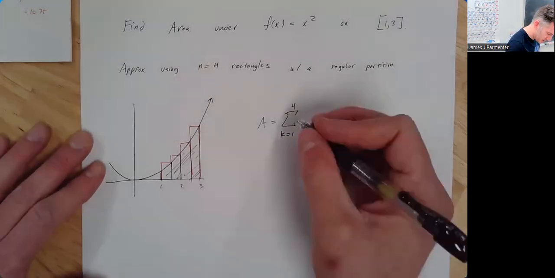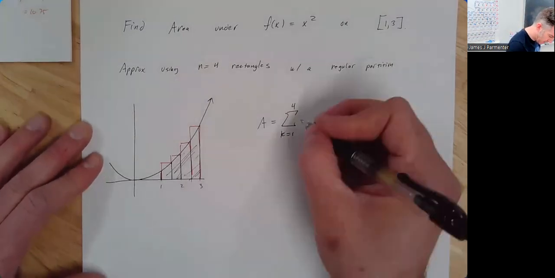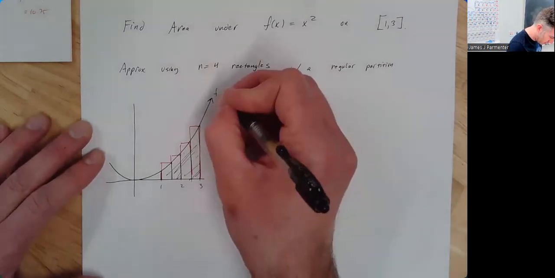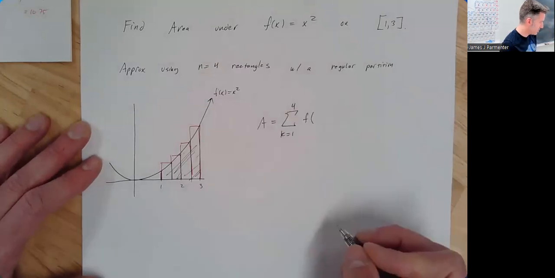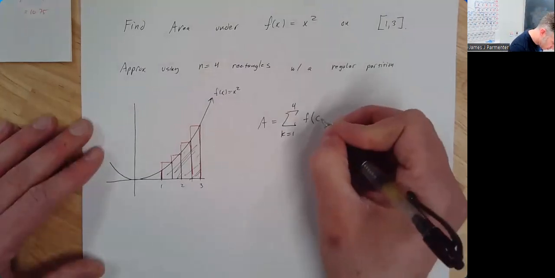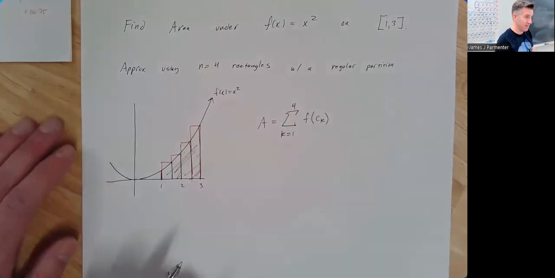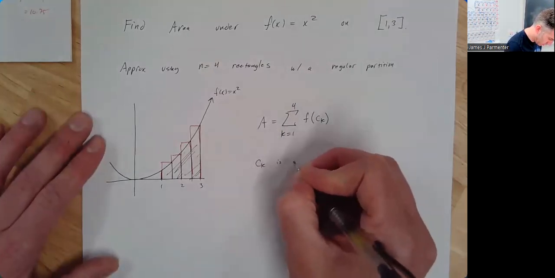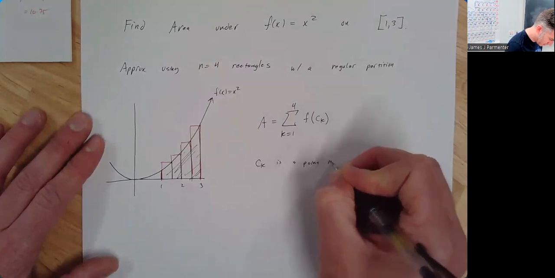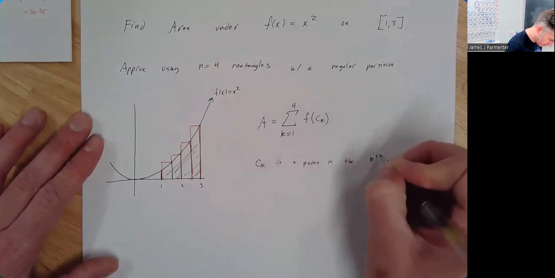So the base, I should talk about the height first. The height is just your function, f of x equal to x squared, evaluated at some c sub k in the kth interval. So c sub k is a point in the kth interval.